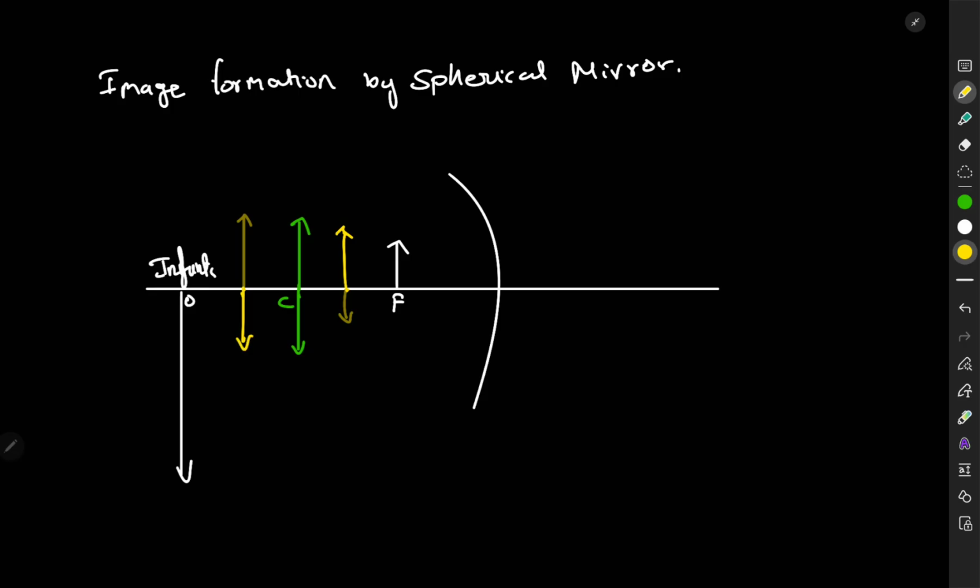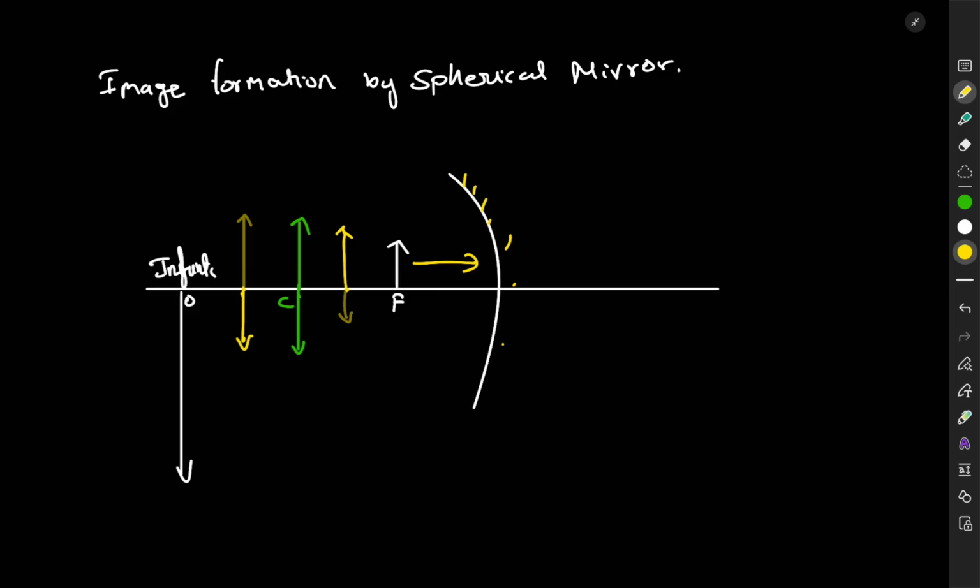The closer the object goes to the concave mirror, the more the size will increase. Fine. This is the revised version of the 6 cases of image formation by a concave mirror.